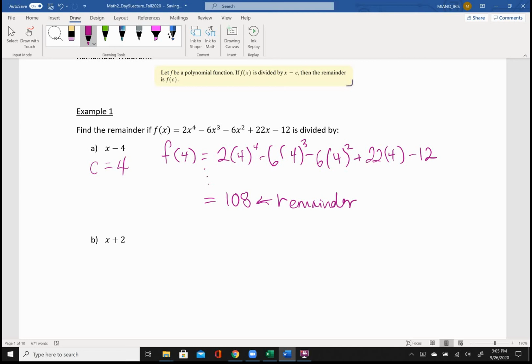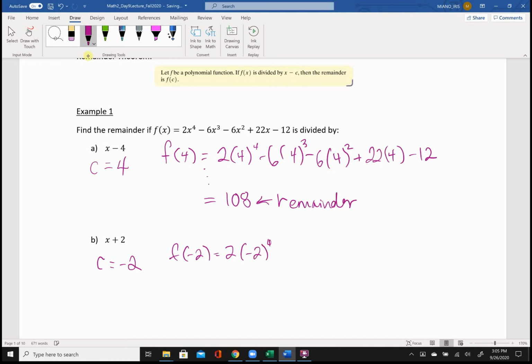Okay? Now, what if we put in, instead of 4, investigating if x minus 4 was a factor, let's see if x plus 2 is a factor. So in this case, the c value that we want to plug into our f would be -2. So note how the signage needs to be addressed appropriately. So what's f of -2 look like? Well, when we just plug it in, it looks like this.